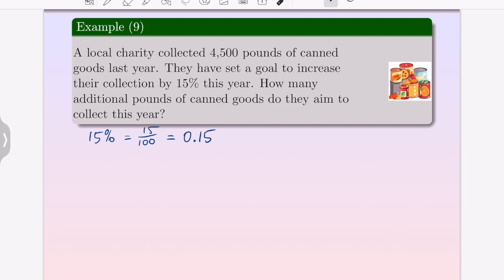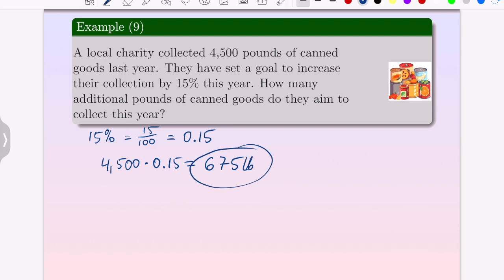Then we're gonna have original amount times the percent in decimal. So in that case is 4,500 times 0.15. If we multiply this correctly, it is 675. So they should collect 675 additional pounds of goods.